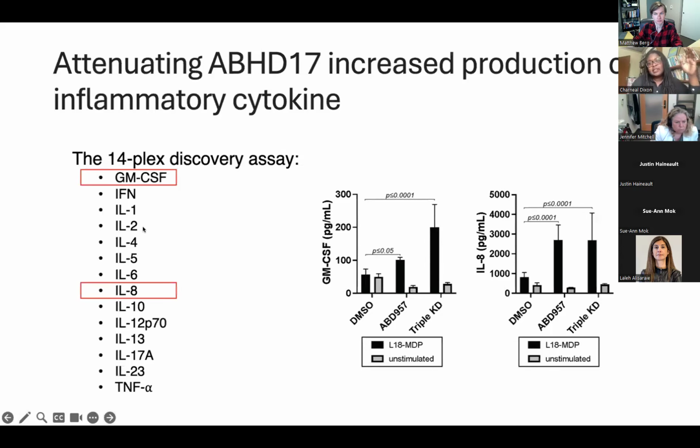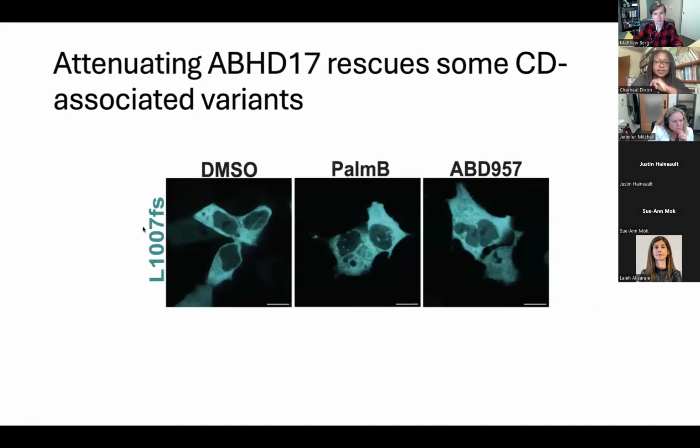So we see that the loss of ABHD17 function increases the level of palmitoylated NOD2, which subsequently increases the activity of NF-kappa B and MAP kinase signaling pathways that regulate the production of pro-inflammatory cytokines. That's a mouthful.